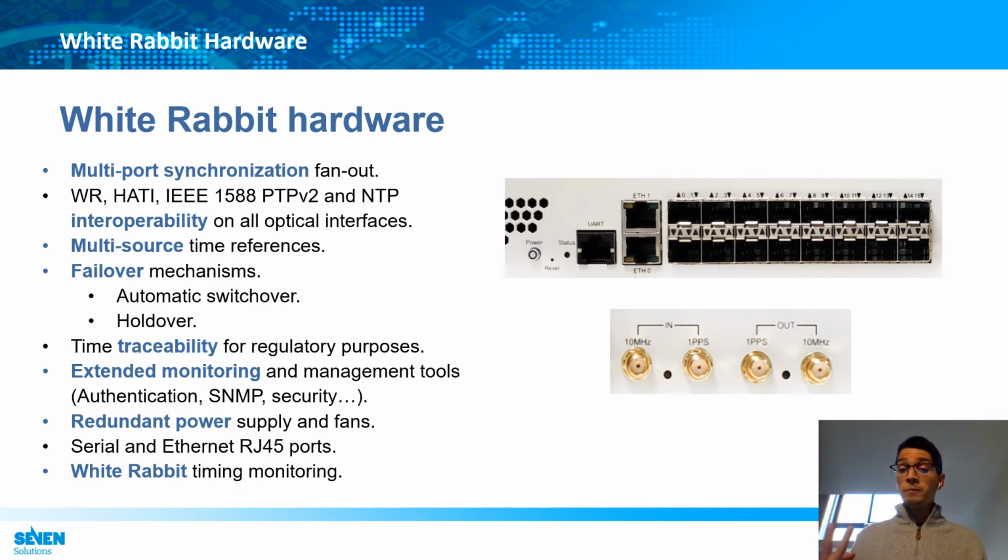The second one is failover mechanisms to ensure resiliency, so having multiple time sources coming to the same device and being able to switch between all of them or to an internal failover. And the third one is providing traceability to the official notion of time that they need to report all the trading to the authorities.